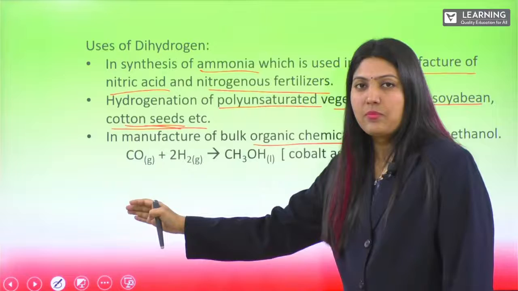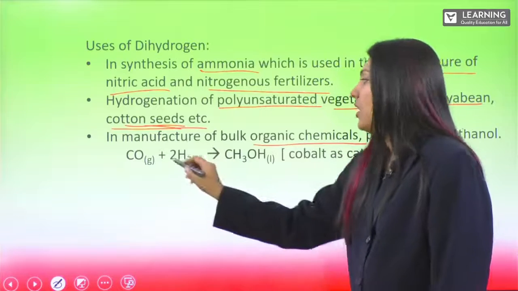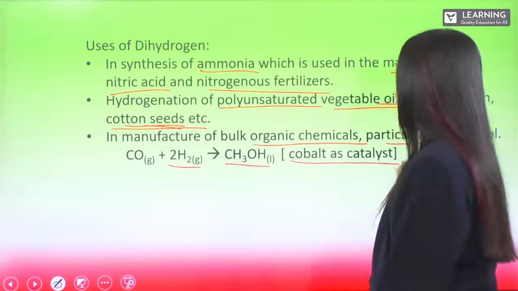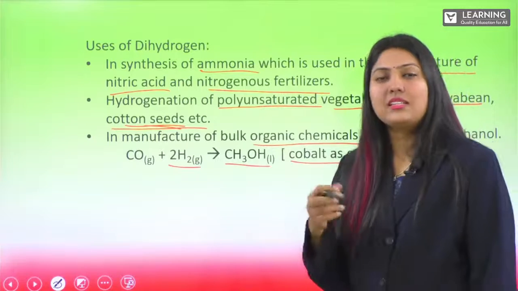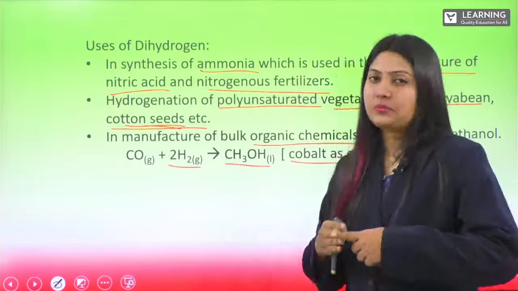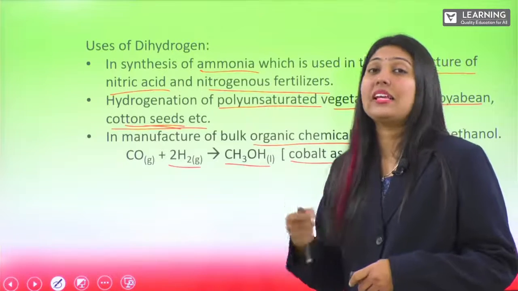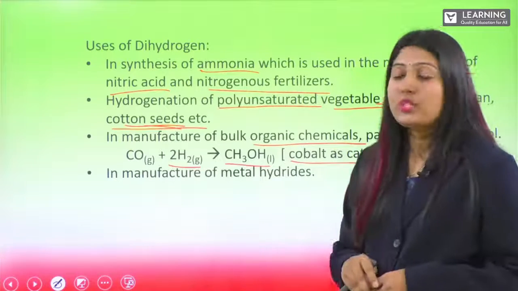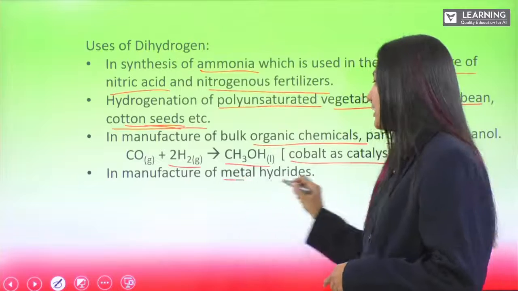We can see carbon monoxide is reacted with hydrogen to get methanol. So here cobalt acts as a catalyst. Catalyst, you know, right? It will not take part in the chemical reaction, but it enhances the rate of the reaction. And hydrogen is also used in the manufacture of metal hydrides.